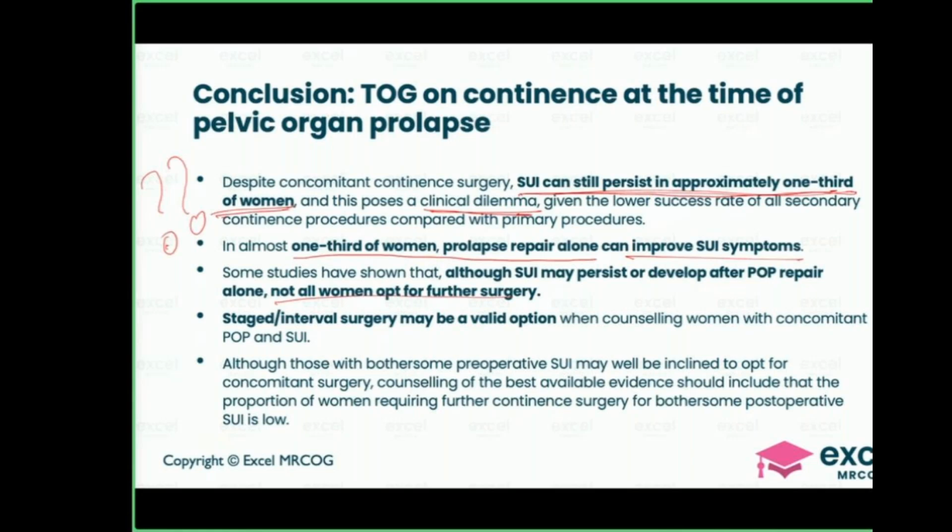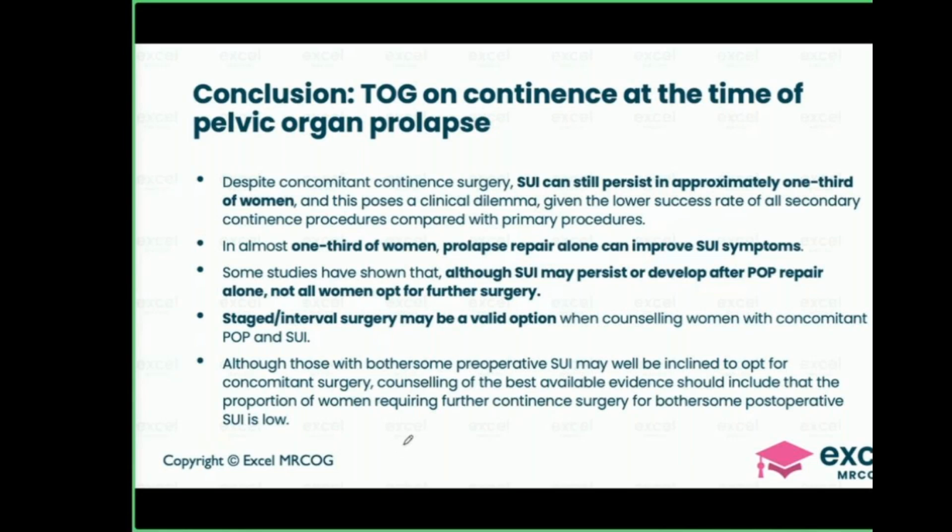So again, whether to offer the SUI surgery earlier or later when SUI becomes manifest, that's a question. So basically, the whole problem here, as per the TOG article and the NICE guideline, is whether it is to be offered or not. Again, it has to be an MDT discussion, and whether it's going to help the patient at all is a question.